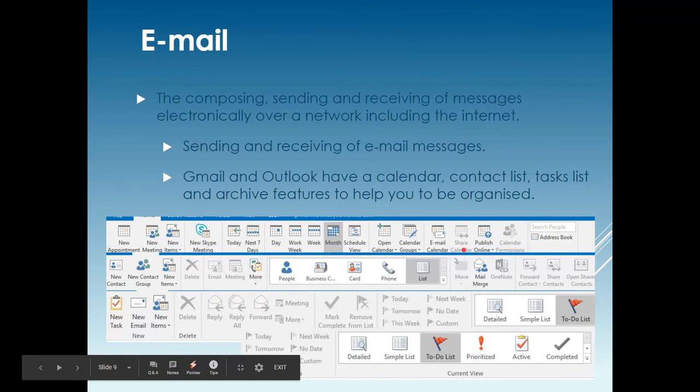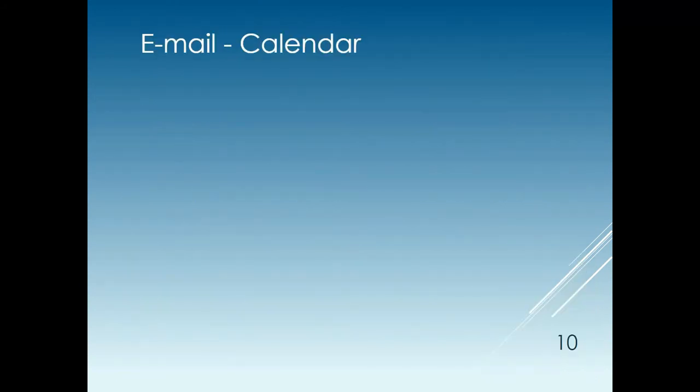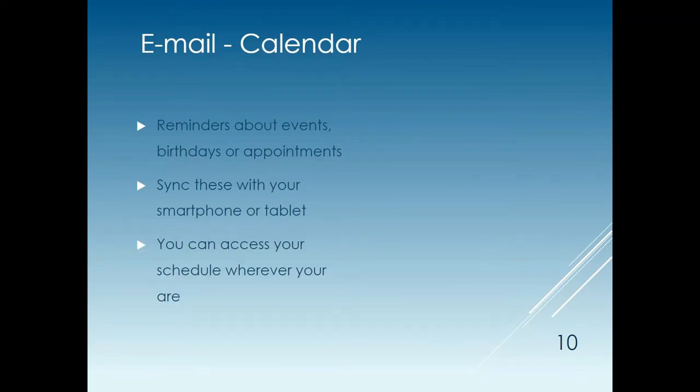Just to tell you what we do with the email calendar, most of the time we use it as a reminder for events. It's more or less like keeping a diary online. You could write birthdays, or you could write your appointments as well on your email calendar.